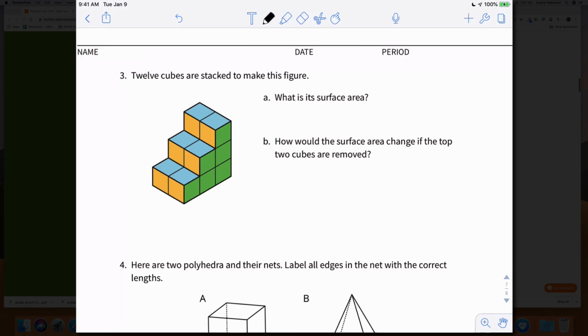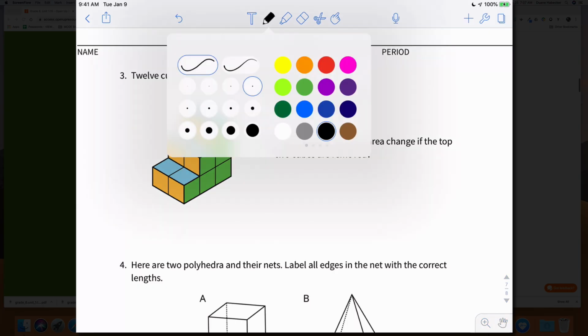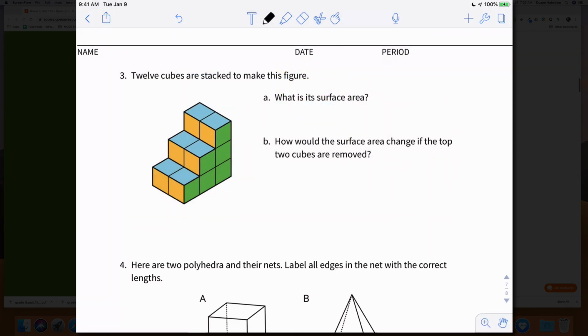12 cubes are stacked to make this figure. What is the surface area? Well, there's no real formula for this, is there? So in this case, parents and teachers, we're going to want our students to just count. And this is a nice, beautiful review of, what the heck is surface area?